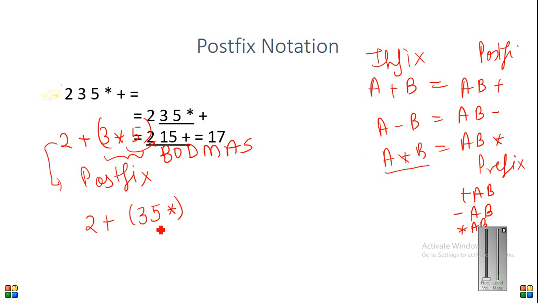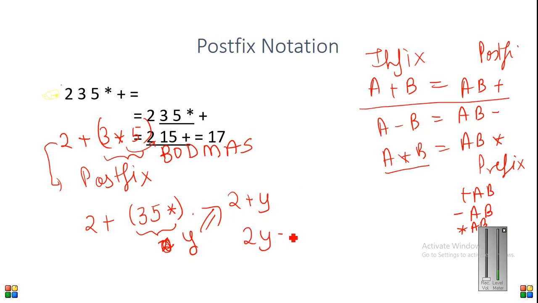Okay. Now let us assume this to be something like Z, or let us take it Y. So what is the expression now? We have 2 plus Y. So 2 plus Y, what is the postfix? 2 Y plus. But what was Y in our case?